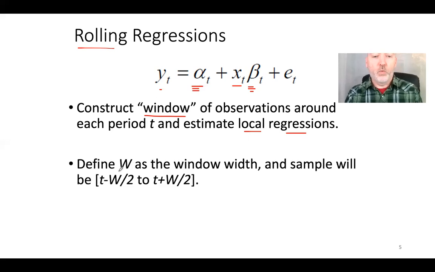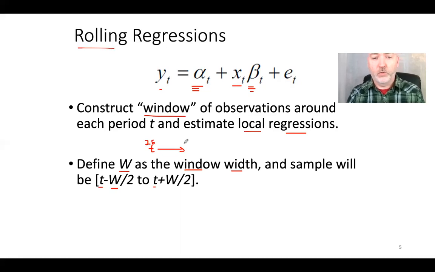So we, the researcher, have to decide what that window width is going to be, how many observations are going to go into each little subsample. Once we've decided on that, then at every point in time t, that'll be the center of the estimation. We'll go from t minus half of your window width to t plus w over 2 to get that local regression. So if we imagine we have 50 observations in our window, w is equal to 50, our first observation that we'll estimate would be at observation 25.